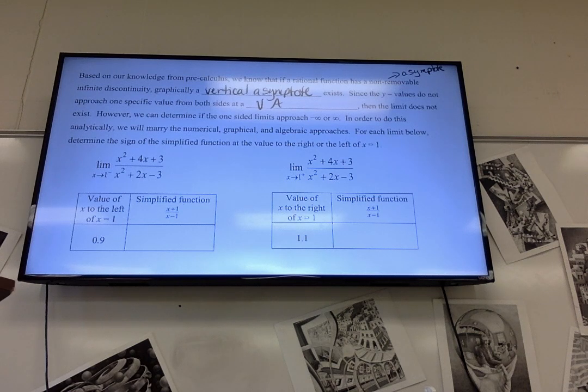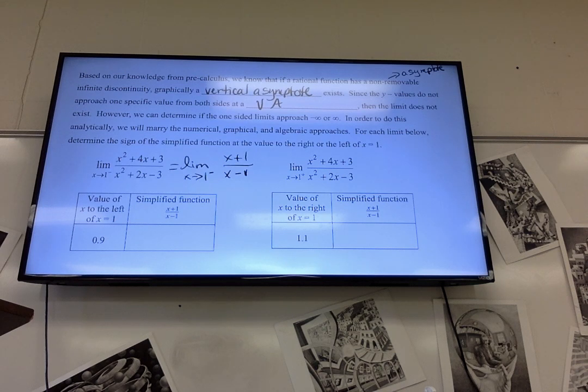So what I mean by that is we know that here, just like on the last problem, when we plug in 1 and we have X plus 1 over X minus 1, when we plug in 1, I get an undefined answer, right?